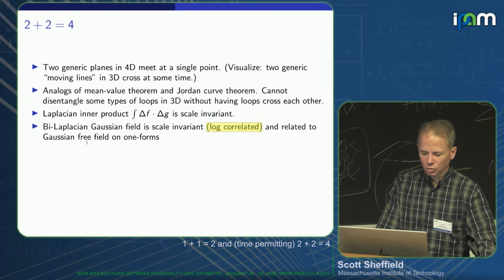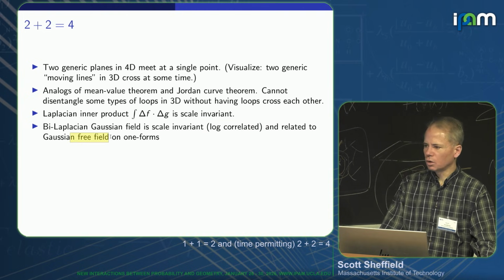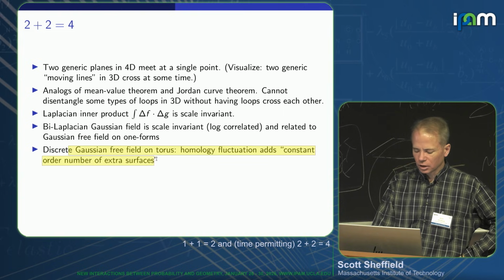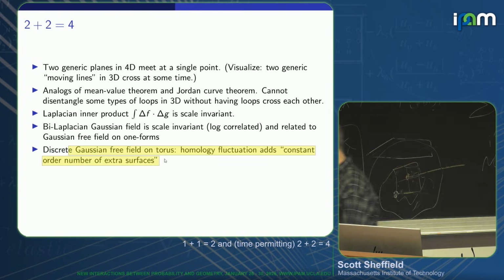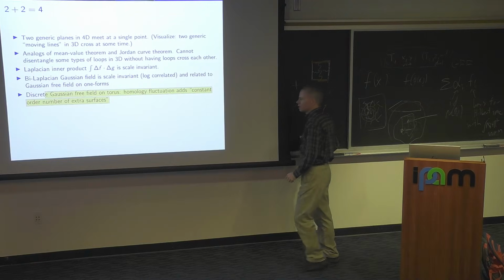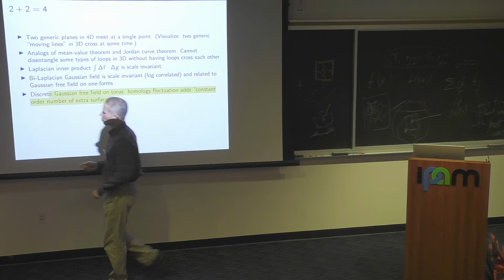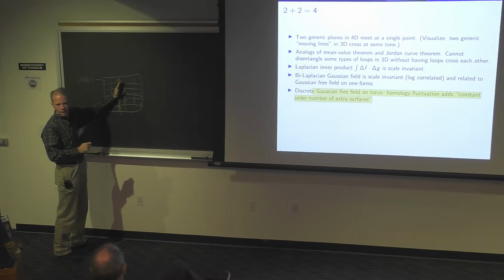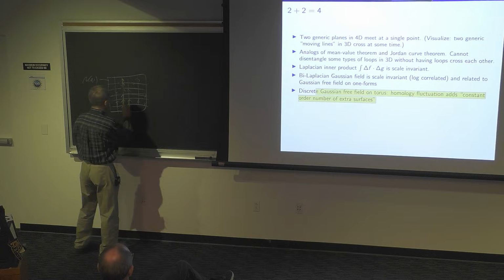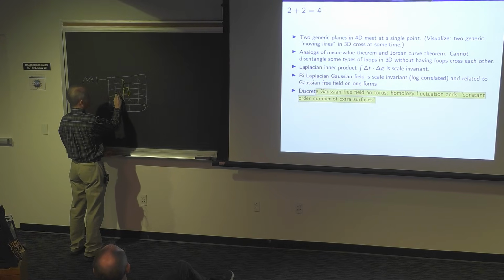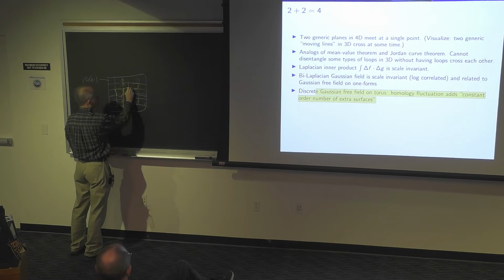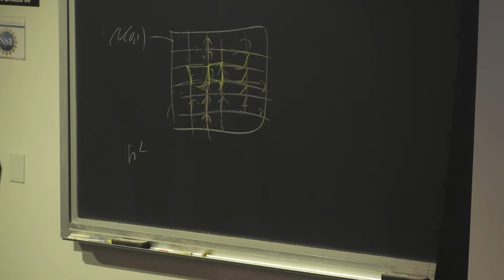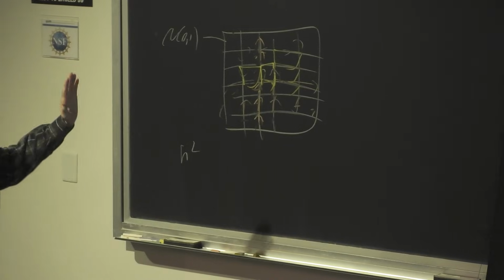And it's also related to what we call the Gaussian free field on one forms. And the discrete Gaussian free field on a torus, instead of taking an independent Gaussian at each vertex, imagine now I take an independent Gaussian for every plaquette, every square, a normal 0, 1 random variable, and I just do that independently for every plaquette.